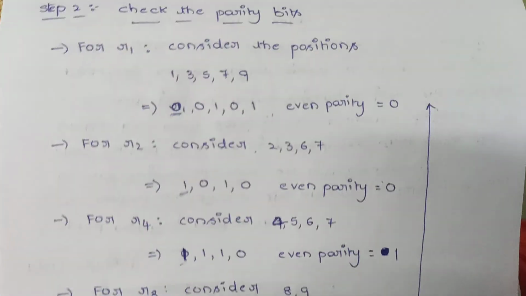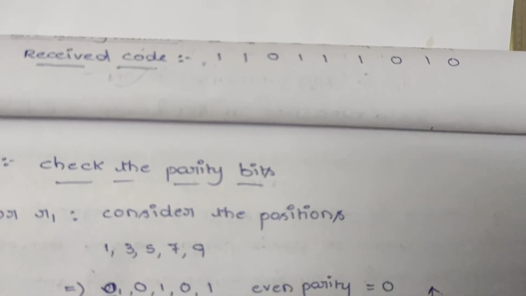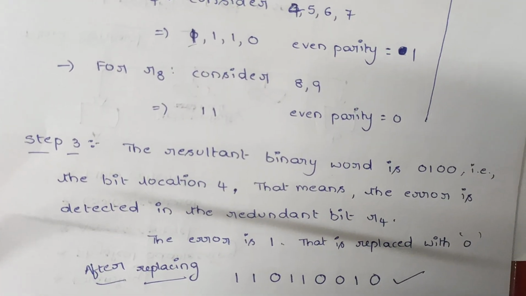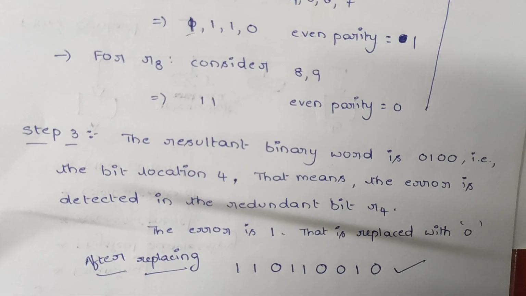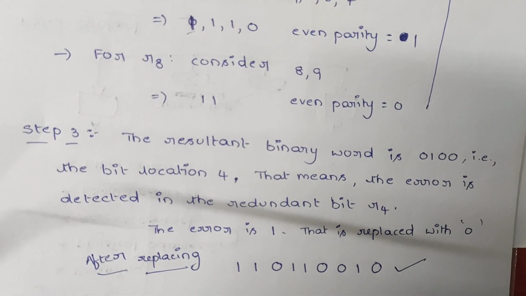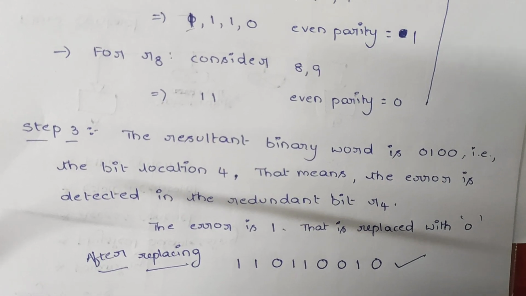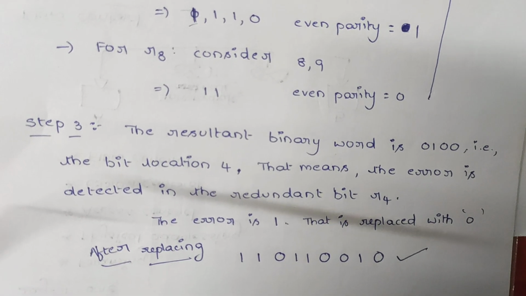In the redundant bit position R4, the value is 1, so the value 1 is replaced with 0. After replacing, we get the code word 110110010, which is the correct data sent by the sender. So thank you.